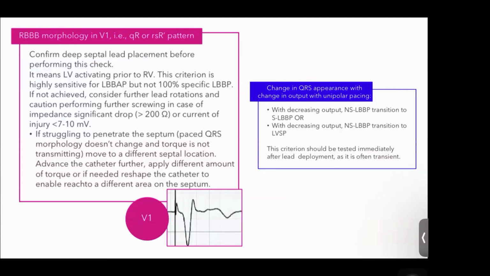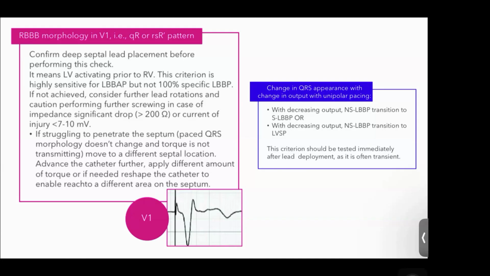This criterion is highly sensitive for left bundle branch area pacing, but not 100 percent specific. If it is not achieved, consider further lead rotation, as Dr. Mohamed Said informed us. Use caution when performing further screwing in case of a significant impedance drop of more than 200 ohms or a current of injury of less than 7 to 10 millivolts. That is the first criterion.